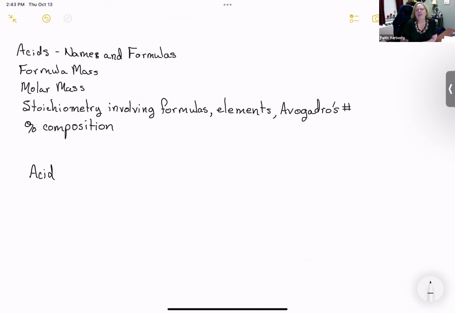And there are actually 3 definitions that you will encounter in College Chemistry 1 and College Chemistry 2. But I'm going to basically refer to 2 of them today, and that is the Arrhenius definition and the Bronsted-Lowry definition.